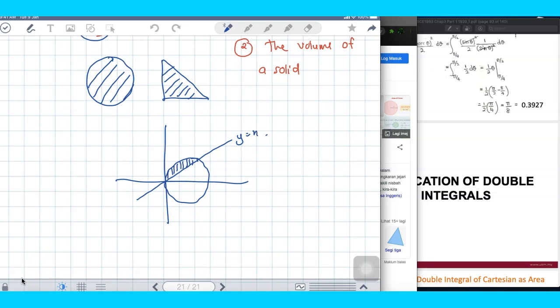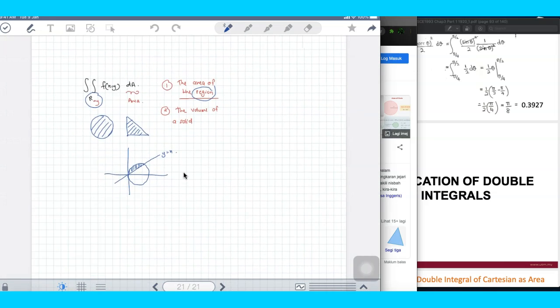Do we have a specific formula to evaluate the area of this region? If there is a specific formula, I'm sure that you have to find it. Now we want to use the double integral to solve this. So what is the formula then?